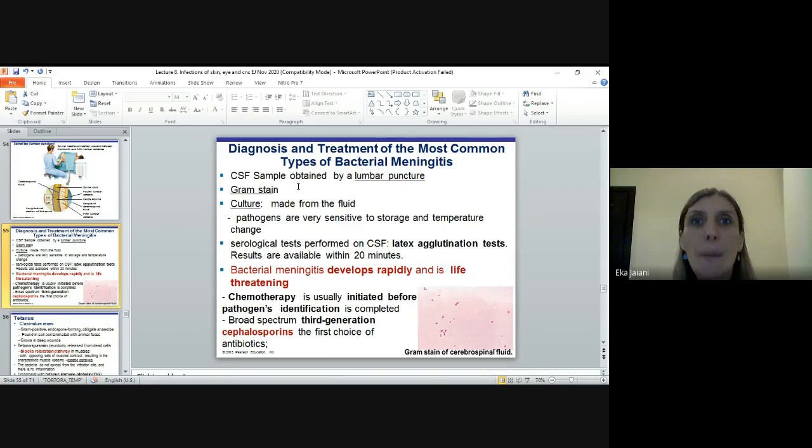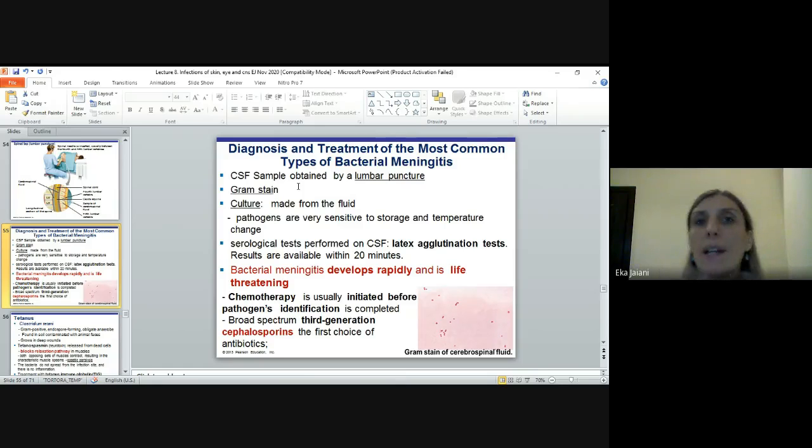These are gram-negative cocci. Sometimes in English it's also pronounced as cocci. So they are diplococci. Two cells are attached to each other. If it's a Streptococcus pneumoniae, these are chains of the gram-positive cocci.